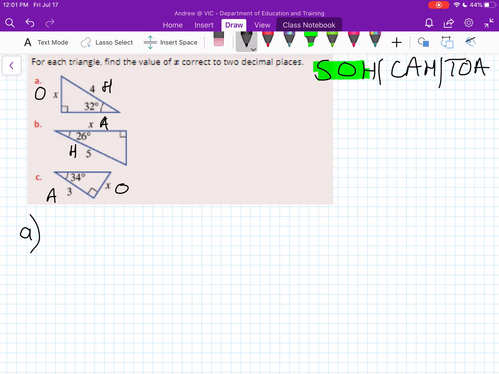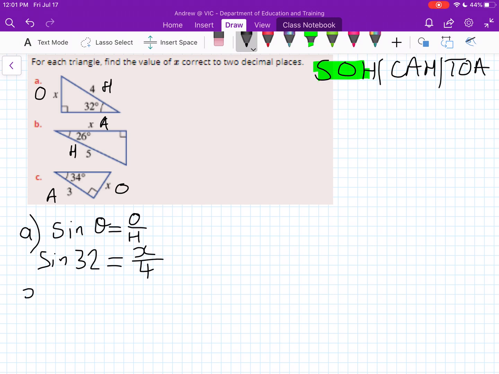So sine of theta is equal to opposite over hypotenuse. Now we just need to fill in the blanks. So sine, our theta or our angle is 32 degrees, is equal to our opposite, which is x, over our hypotenuse, which is 4. So now we need to try and find x.